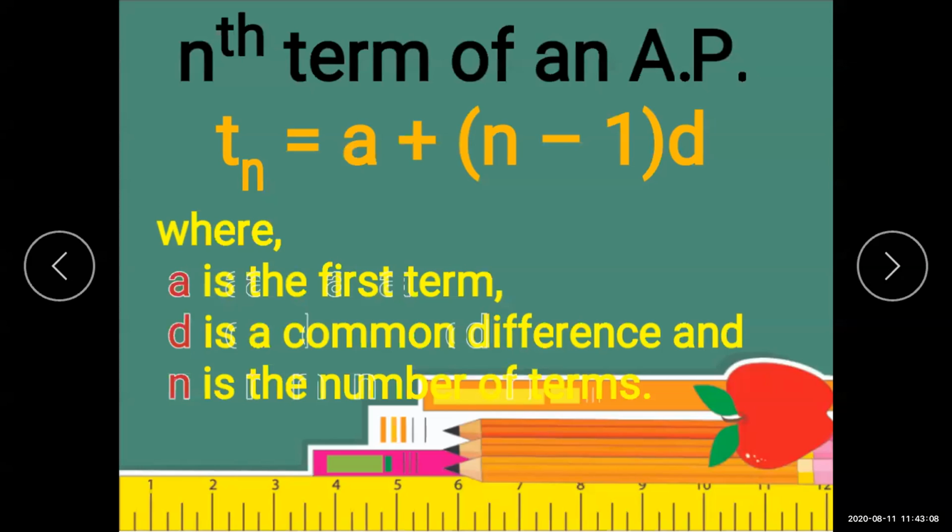Tell me what is the smallest two-digit number and the greatest two-digit number? Very good. Okay, very good. So I think everyone has understood properly.